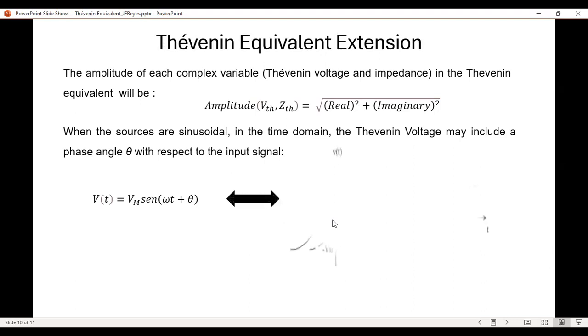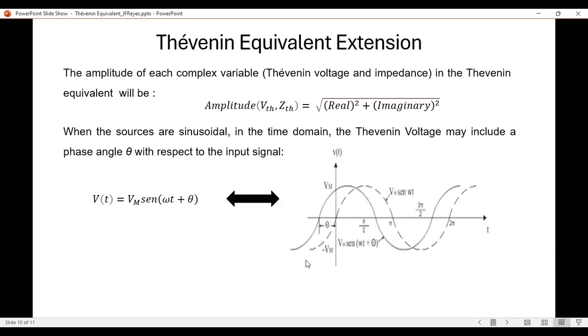As we show in the next figure, if we have a Thevenin voltage, which is the gross line in this plot, that voltage may have a phase angle with respect to a reference voltage. And that reference voltage normally is a voltage source in the original circuit.